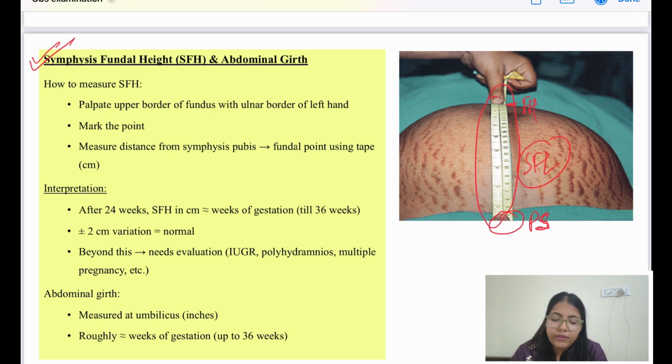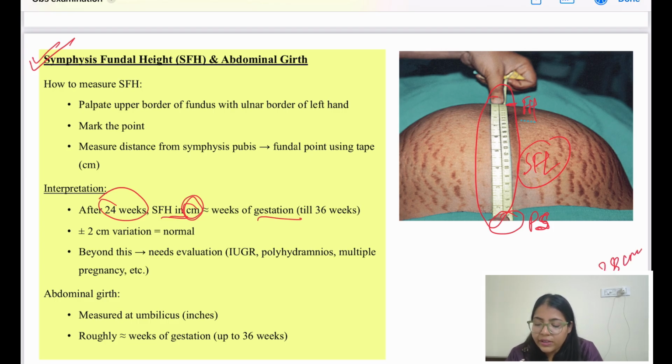And what is the significance of this length? After 24 weeks, this symphysiofundal length in centimeters corresponds to your period of gestation in weeks. So if the symphysiofundal length is, suppose, 28 centimeters, it corresponds to 28 weeks POG.